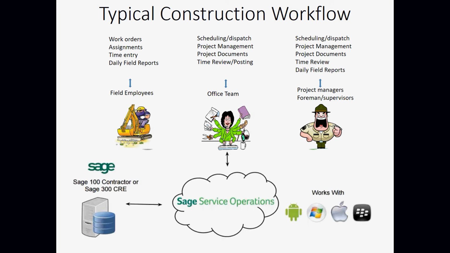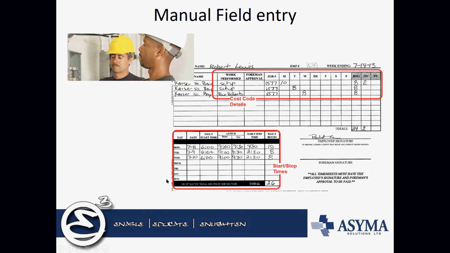So let's look at it from the employee point of view. I've shown this a couple times, but this is your starting point, the manual field entry, and here's your typical timesheet, where someone spends a whole bunch of time putting in the name, what job they're doing, the job number, how many hours they spent, and getting the sign-offs.